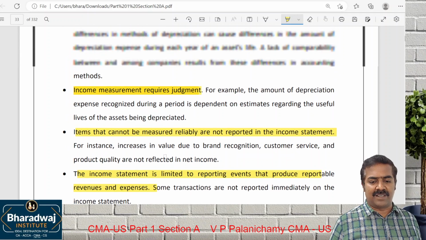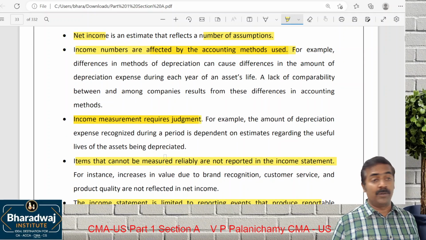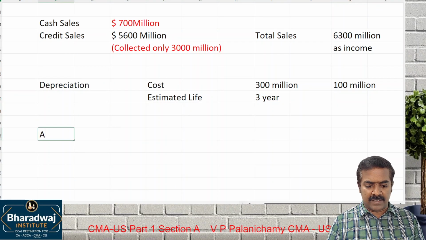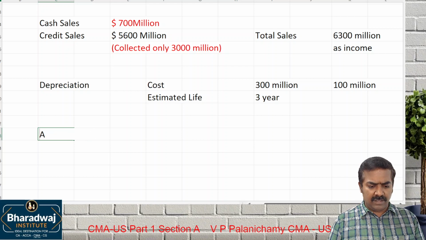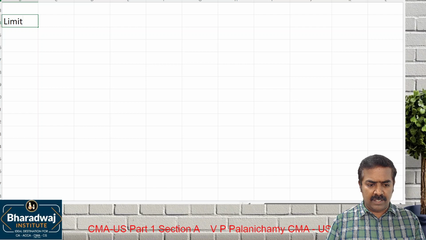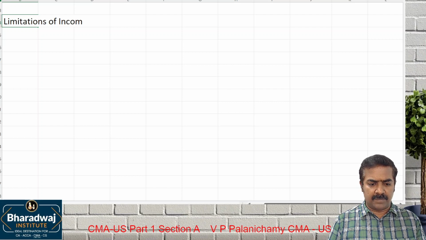And one more thing, the income statement records income on an accrual basis. Just note the limitations. One of the most important things for examination: limitations of the income statement.